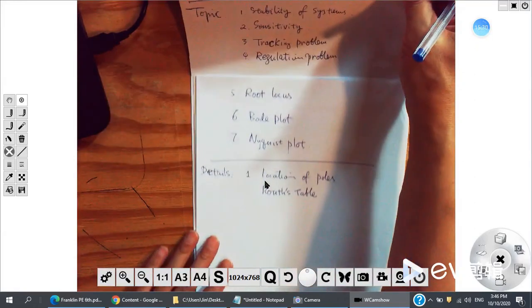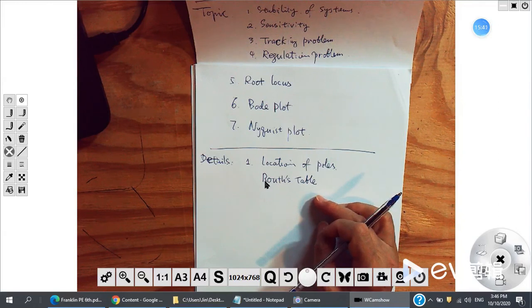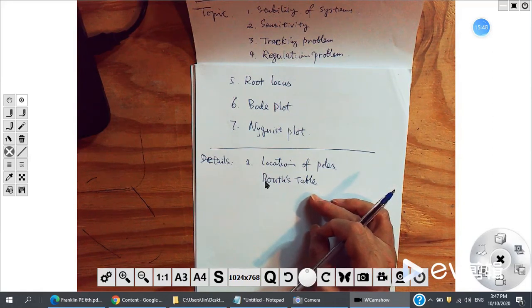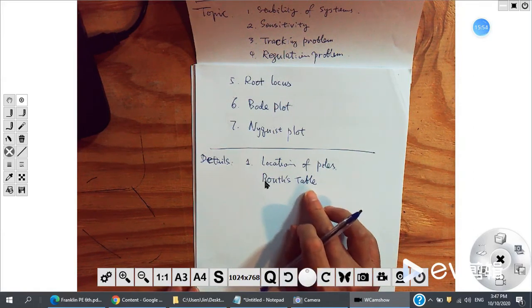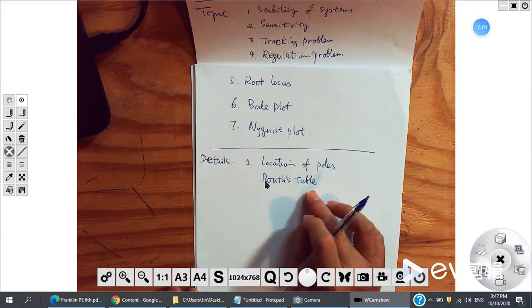And the Routh table, you just make the table to calculate and find the coefficients. You start from the characteristic equation, then you build the table, and finally you have the first column. Then you check the sign change in the first column. If there is no sign change, then it is stable, right?